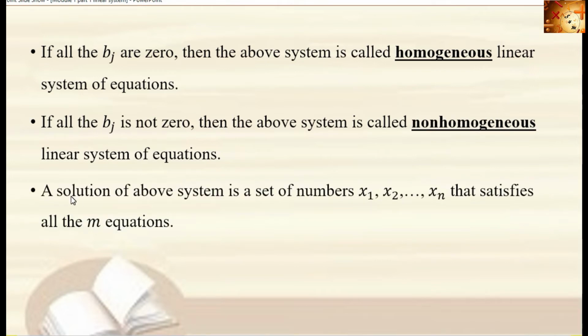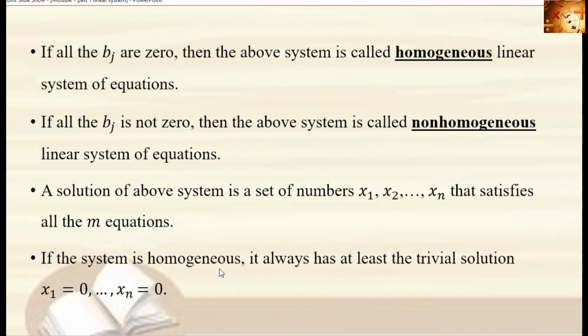Then a solution of the above system is a set of numbers x1, x2, etc. xn that satisfies all the m equations. To solve the system of equations means we want to find the values for x1, x2, etc. xn which satisfy all the given equations.